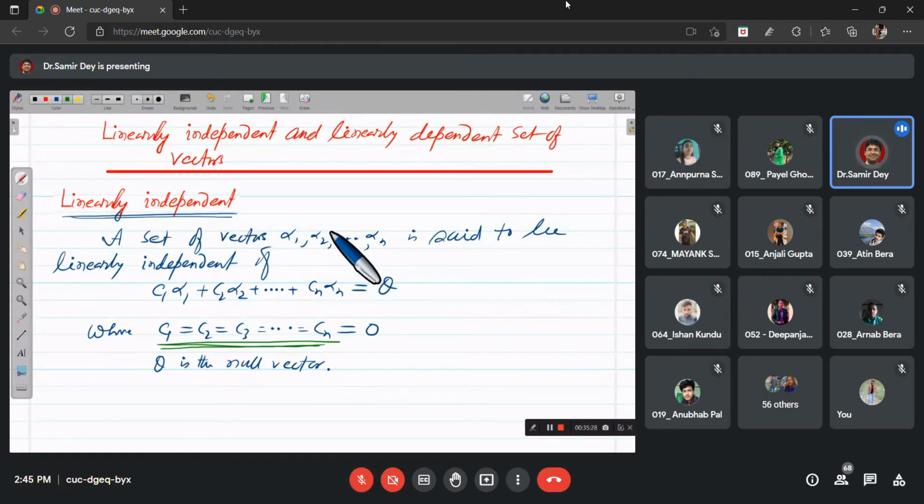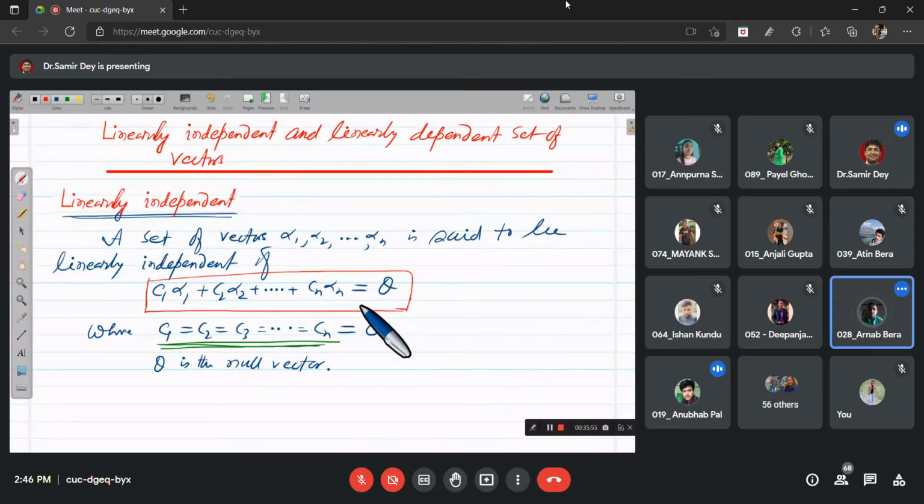Is it clear? I repeat. First of all, you have to rewrite all the vectors as a linear combination of this form, and after that, you solve it. If you see all C1, C2, C3 are 0, then only you can say that this set of vectors is linearly independent. The concept is clear? Yes, sir. So first, I repeat once again.